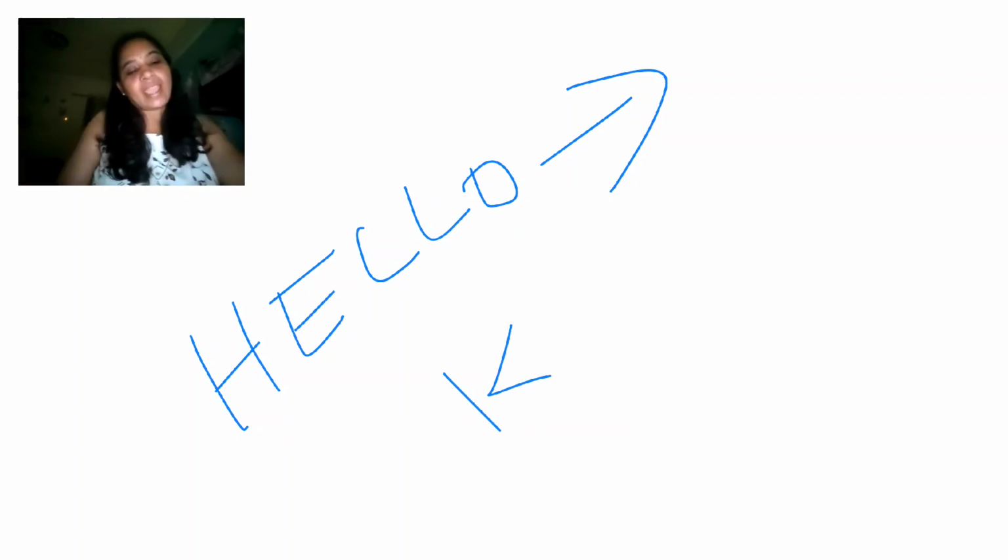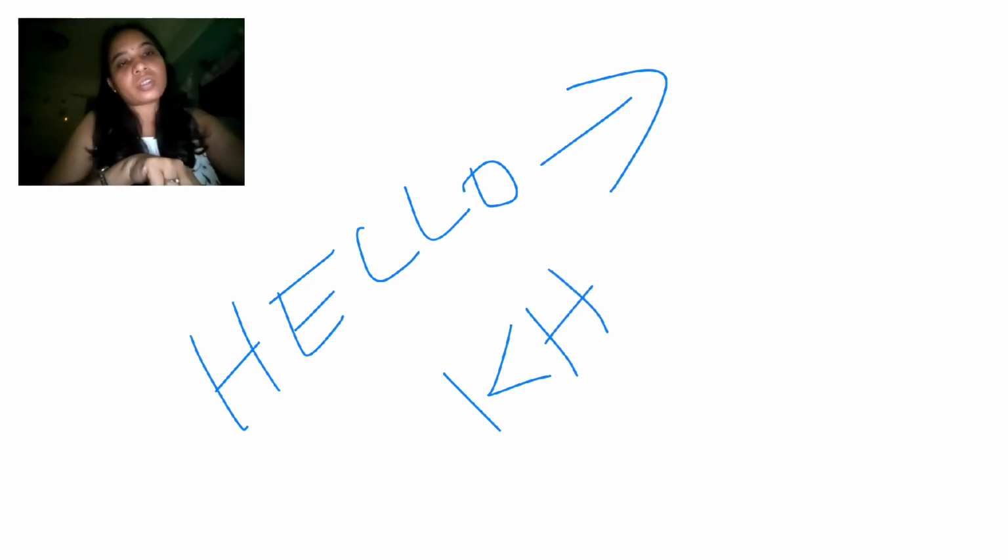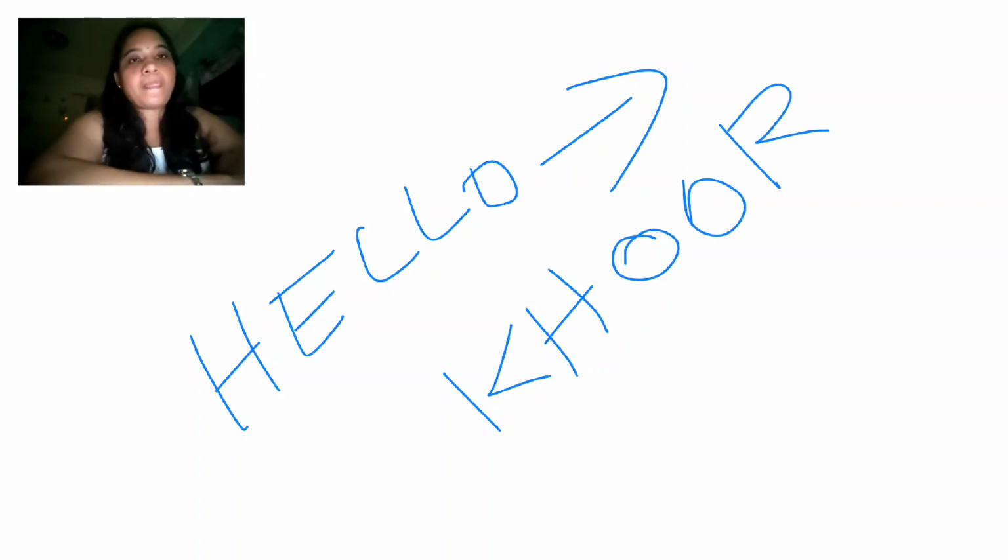In that example he told the word hello. This is your original text. If you encrypt this value, you can get that value KHOOR. How can we see this?